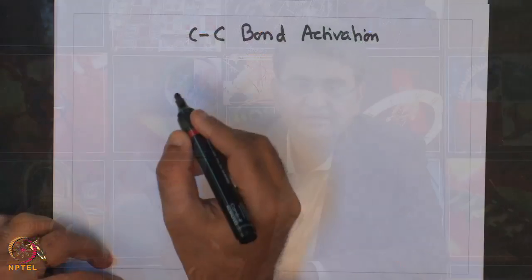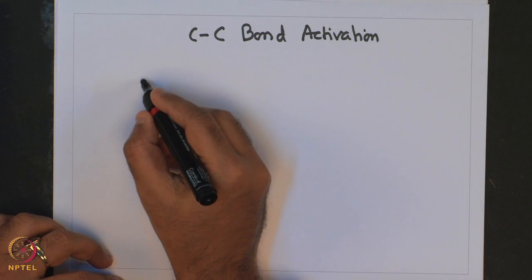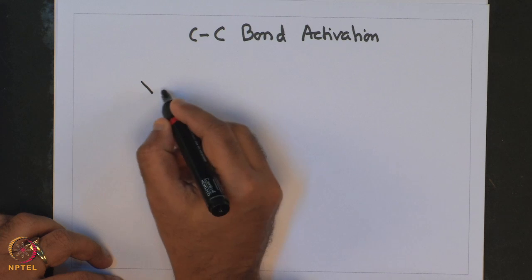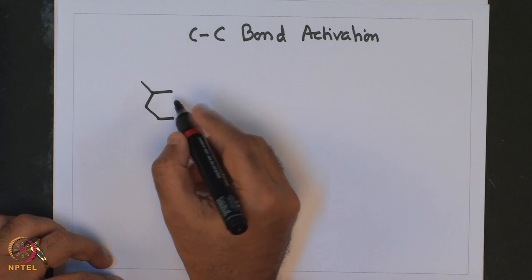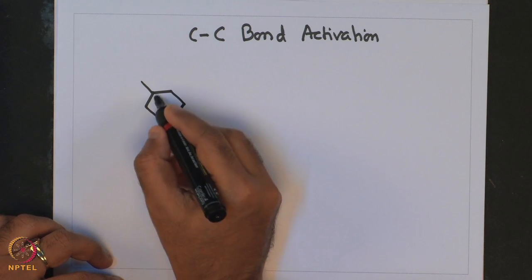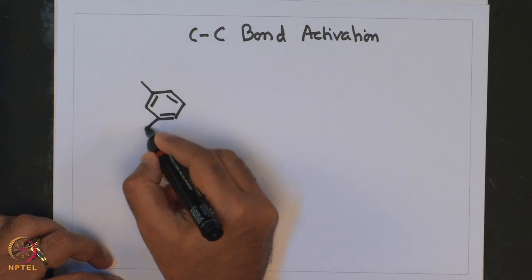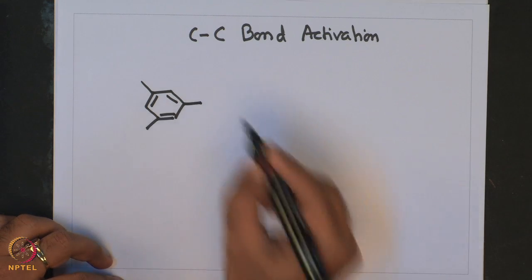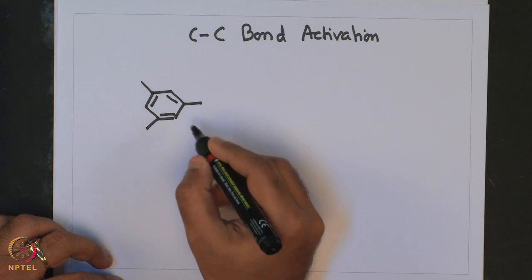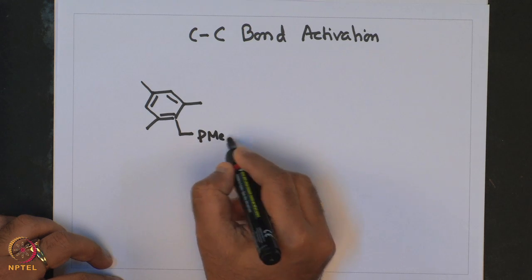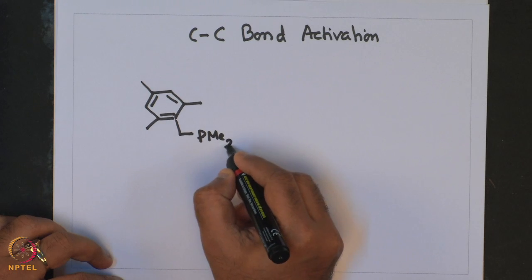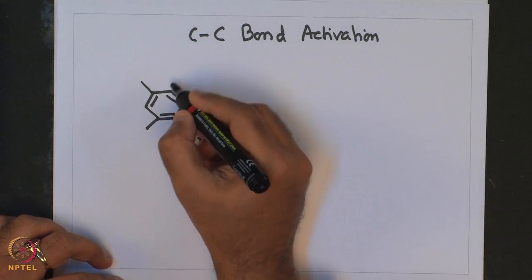For a particular aromatic moiety of the type shown over here, it has a methyl group and CH2PMe2.